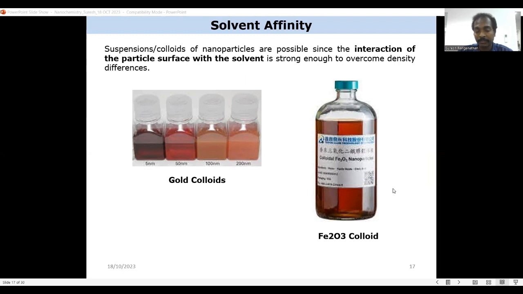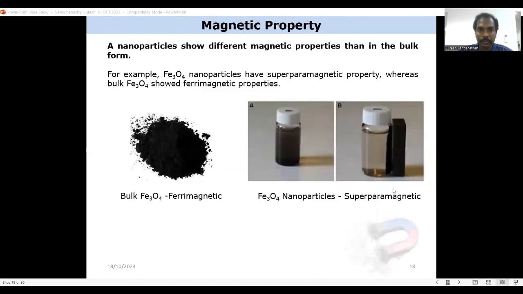Suppose the interaction between the nanoparticles and the water is very weak, then they will easily settle down, and instead of a colloidal solution, we are going to get a suspension. Another one is the magnetic property. Some of the nanoparticles have highly magnetic characteristics, particularly iron, cobalt, and nickel-based materials.